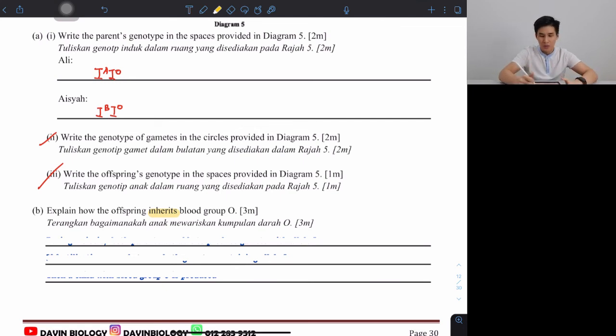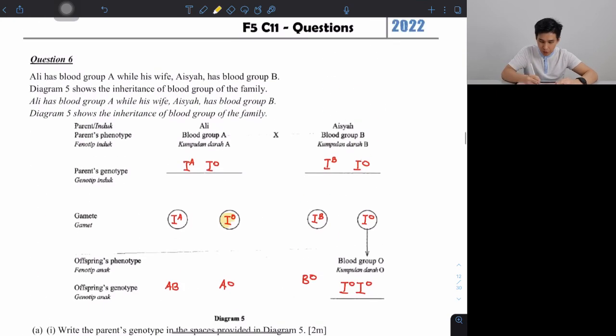Okay, for example, I will say here, first we say meiosis. During meiosis, both parents are able to produce gamete with allele IO. You can see that, right? Both can produce IO. So I talk about IO only because the question is only about O. So how do I get O child?